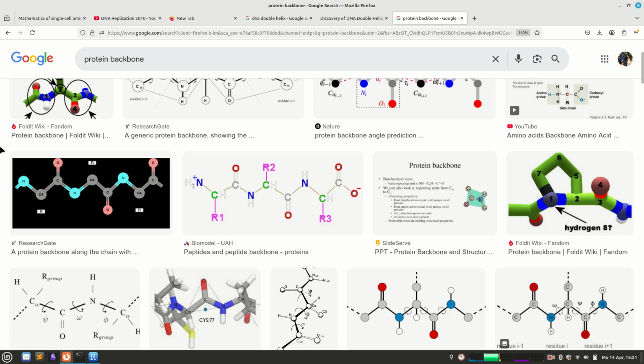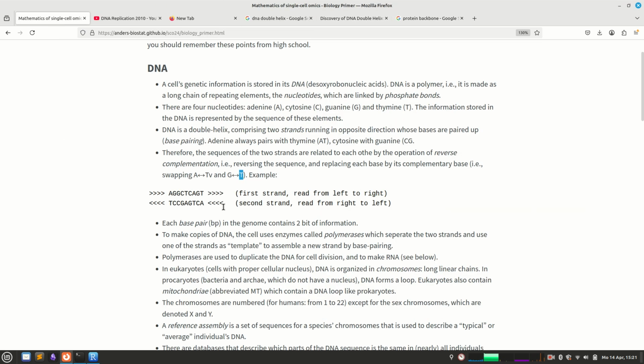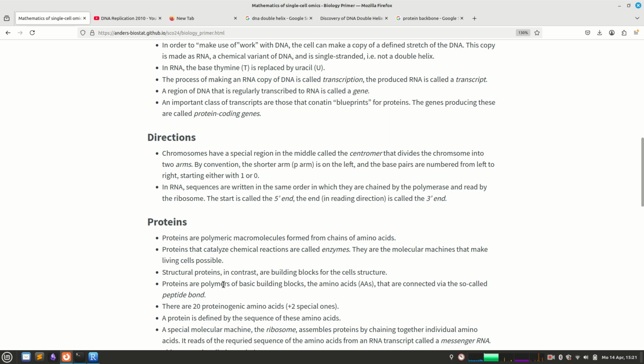And in that way, you have 20, how many are they? 20 something different amino acids which can be chained together in one long chain of maybe hundreds or even thousands of amino acids, and a protein is defined by the order in which you chain them together.